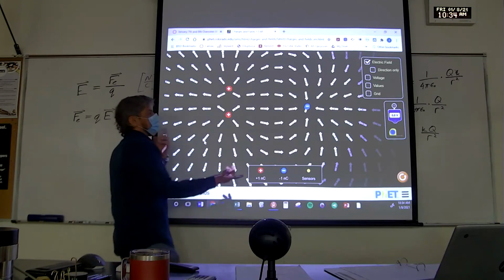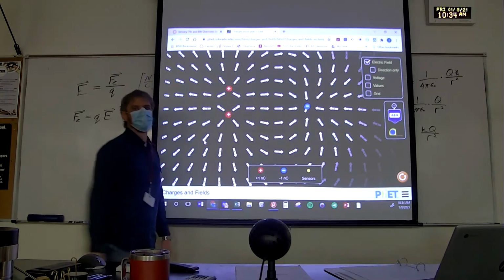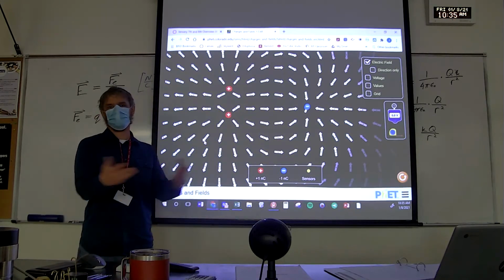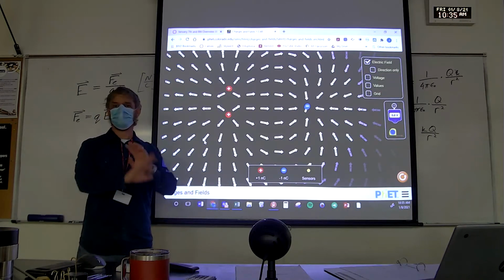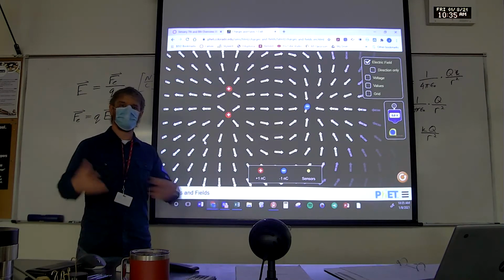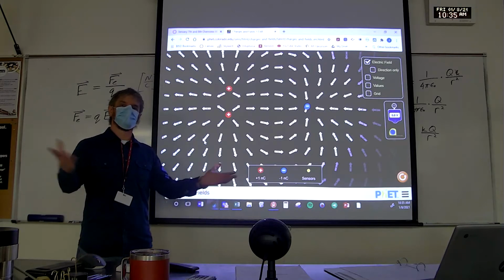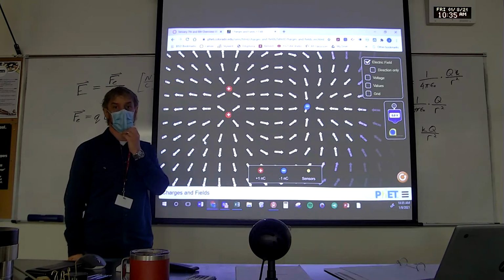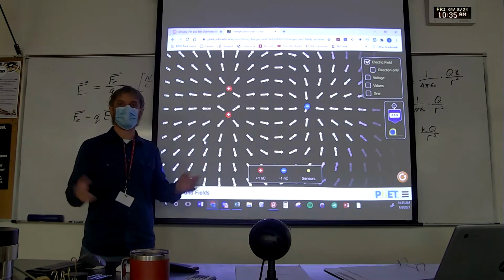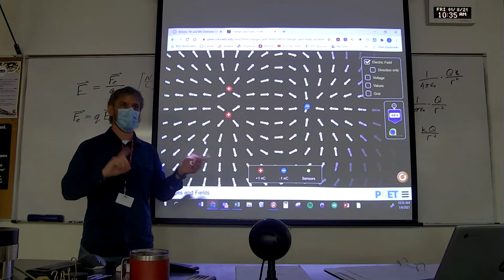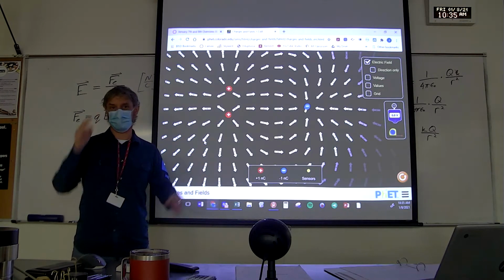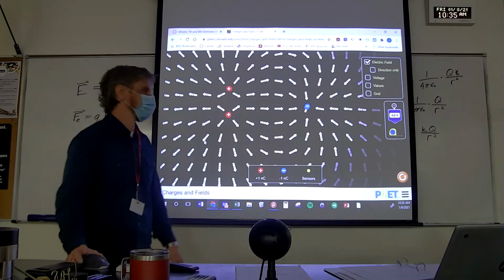And so electric field lines could have pointed towards the positive and away from the negative, but that's just by convention. And the physics works the same regardless of which one you call positive, which one you call negative, which direction you define the electric field lines to point. You just got to be careful with your vectors to make sure you're being consistent with your directions. Okay, that makes sense. That's what I was wondering.